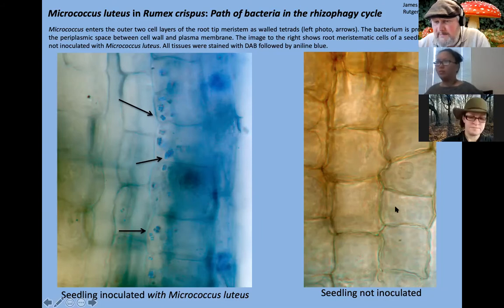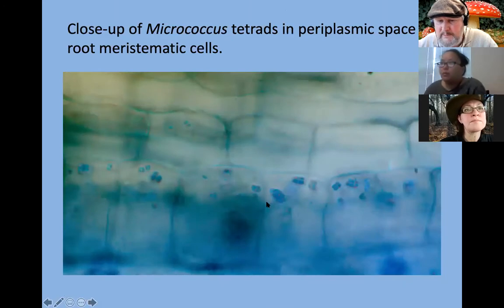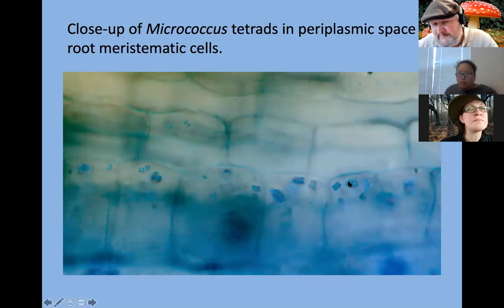Okay, and to the right is a seedling of that Rumex where we didn't put the bacteria in. And you can see you don't see the bacteria in those cells. That's in the same area, but without the bacteria. Okay, this is a close-up of that, just so you can see the tetrads inside the root cells.